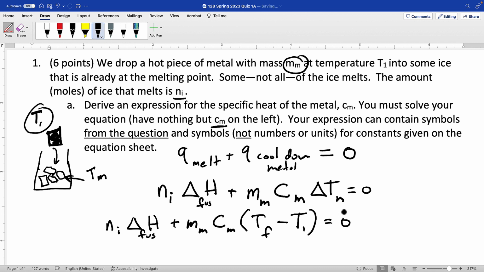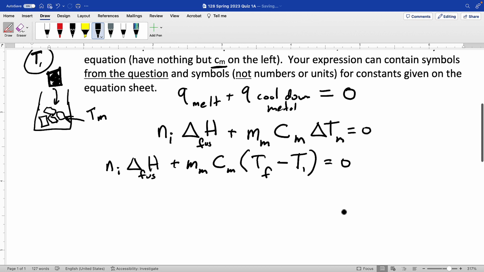And we can go ahead and plug in anything else we know. And one thing we know is that the final temperature has to be 0, right? If we end up with some ice being melted and some ice not being melted, we know we're at 0 degrees C. So we can plug that in.